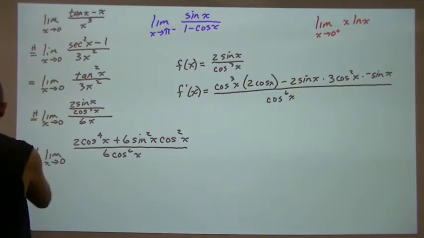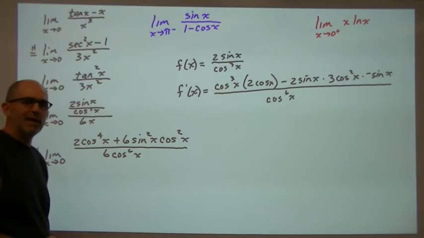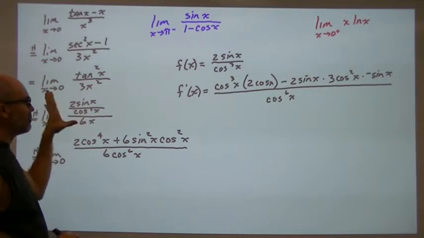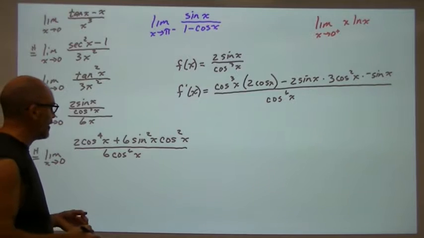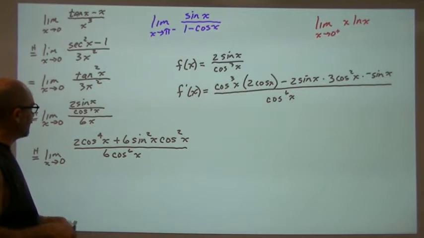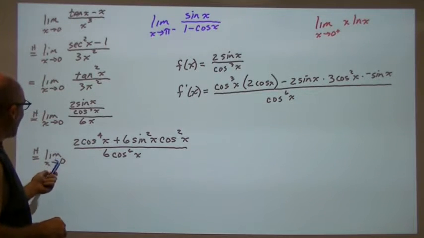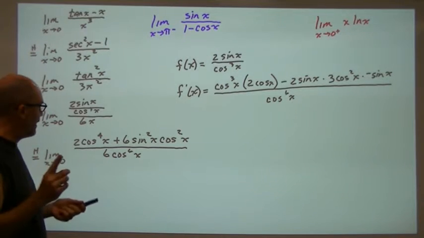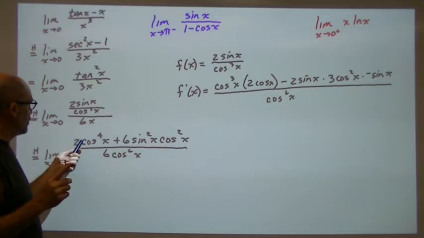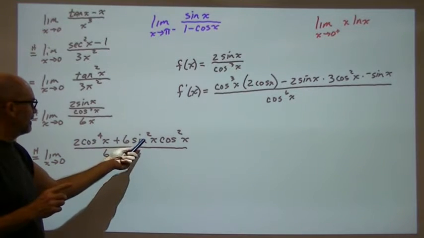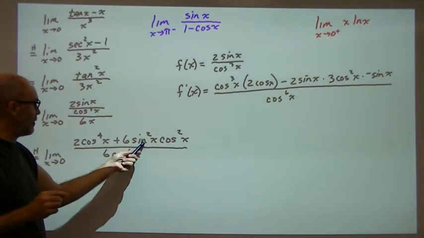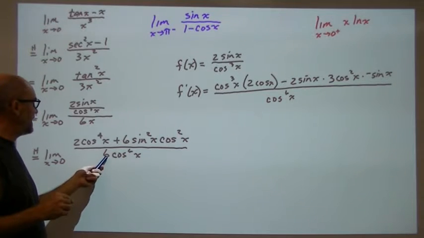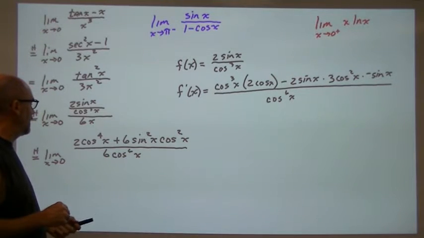All right. And I hope we didn't make a mistake way back someplace and we're on a major wild goose chase. Okay, let's check this out now. As x approaches 0, cosine of 0 is 1. So this becomes 2 plus sine of 0 is 0 over 6 times 1.